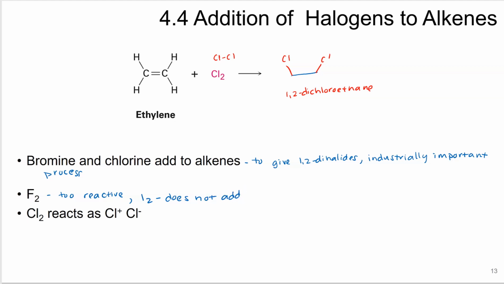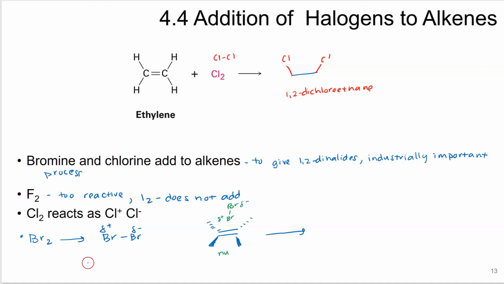So chlorine reacts similarly to a Cl plus and a Cl minus, and so does Br. So these two, the chlorine and the bromine, can polarize themselves and send their energy to making one end nucleophilic or slightly negative, and the other end will be slightly positive. So if we imagine our alkene here, this one is slightly positive, this is slightly negative.